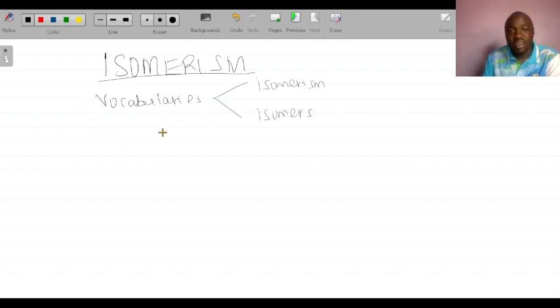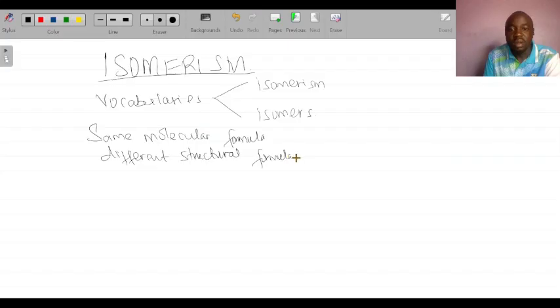Isomerism is the existence of compounds that have the same molecular formula but different structural formula. So they share the same molecular formula, but you're going to see they have different structural formula. And that defines isomerism.